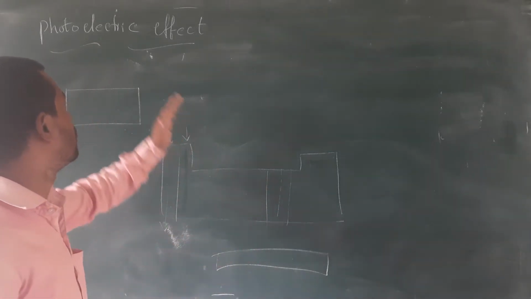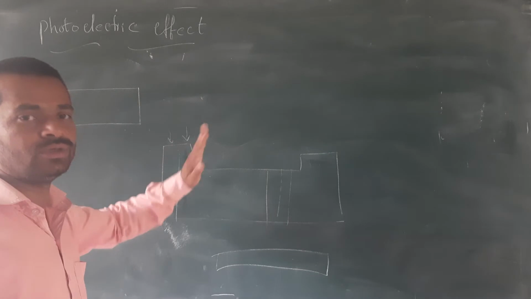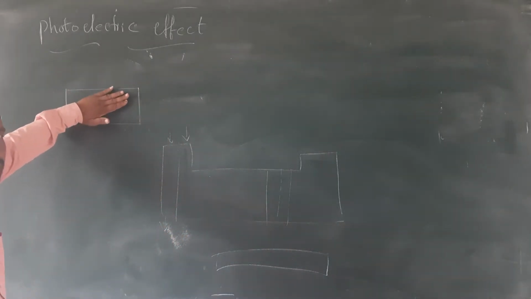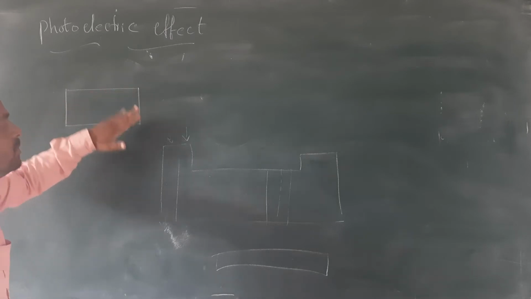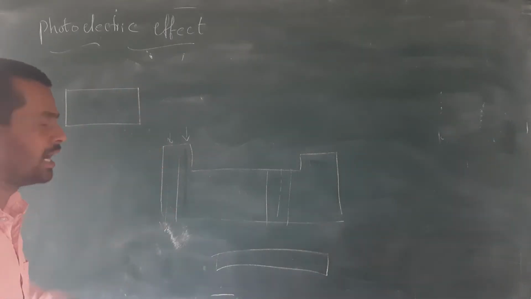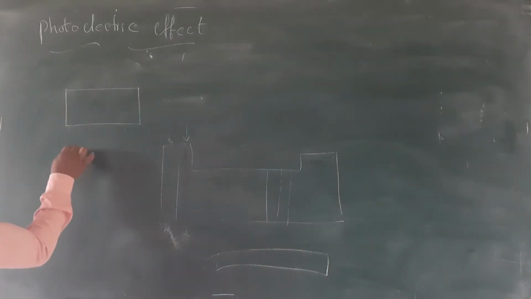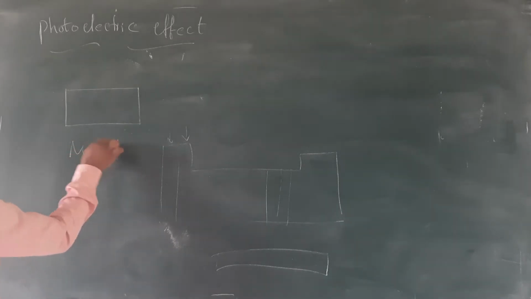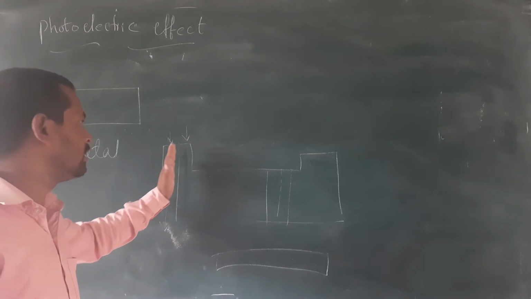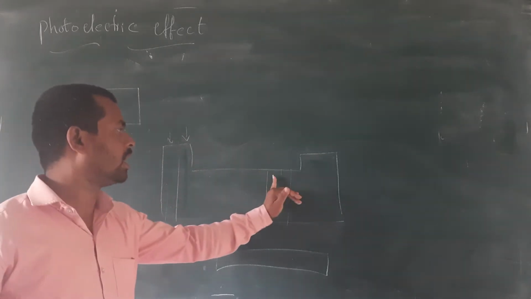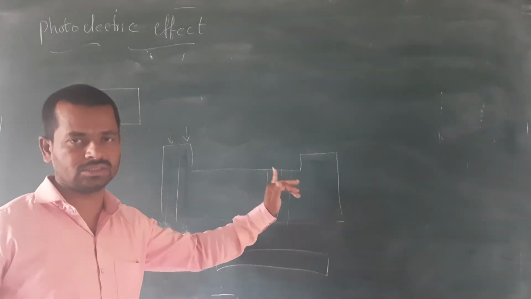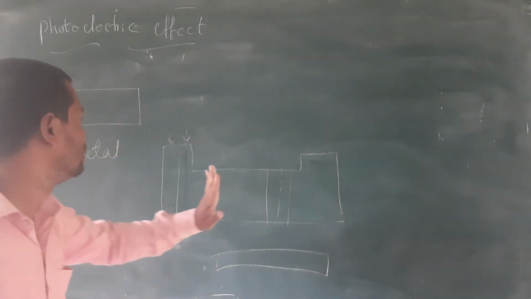But what type of metals can produce this effect? Suppose it is an alkali metal, or any metal, either alkali or alkaline earth metal, or coinage metals such as copper and zinc.